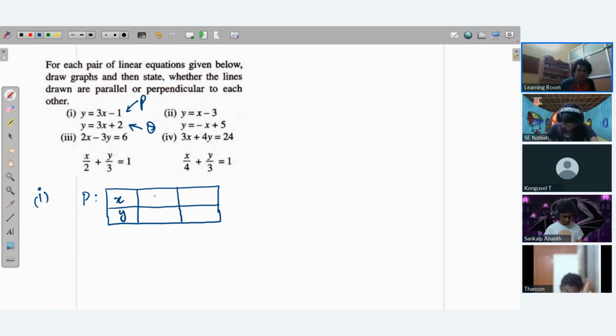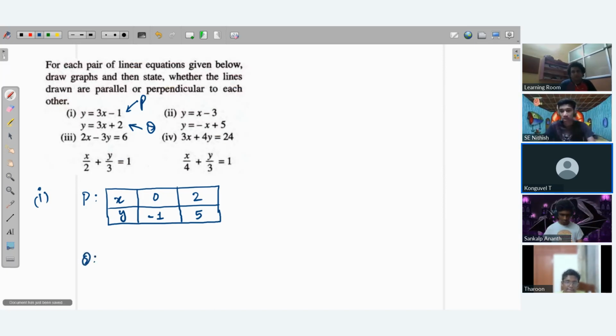For the line P, the table looks like this: first at x equal to 0, y should be minus 1, and then for x equal to 2, y should be 5. For the second case, if I take y as 0, will I get x also as 0? And y is equal to 3x plus 2. If y is 0, then x is 1 by 3. Why am I getting 0?